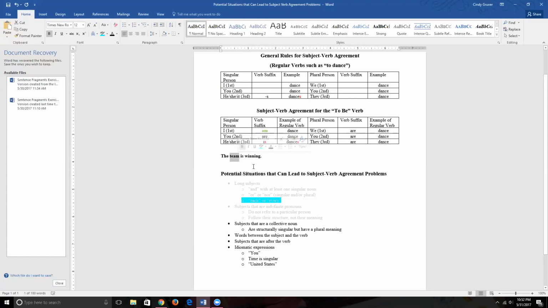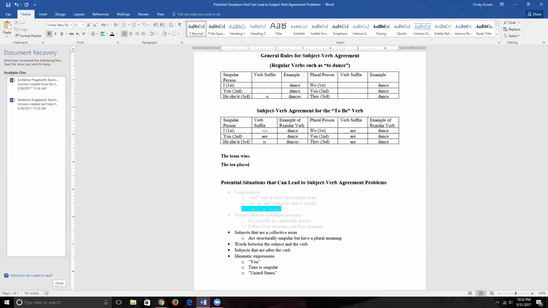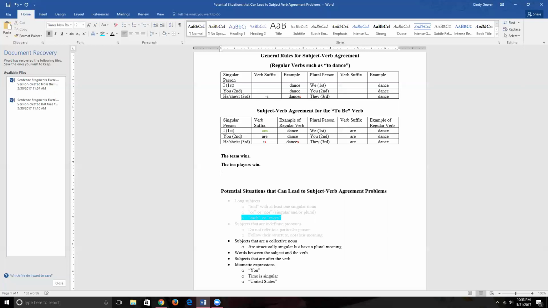And so our subject is singular, and when we have a singular item, we put an S at the end of it. Let me just say "wins." If we were to say "the 10 players," we would say "win." We could even say "the 10 players on the team win," because our subject is still players.